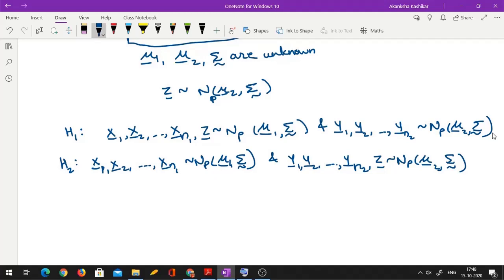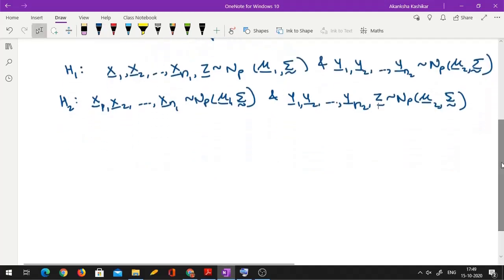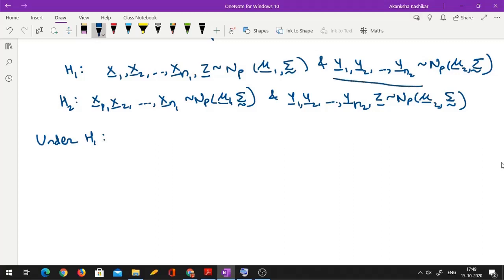We have already derived formulae for estimates of mu and sigma in the multivariate normal setup in the multivariate course. So here, first let me see what happens under H1. Under H1, these y1, y2, up to yn2 are coming from the second population, so estimates from y don't change at all.